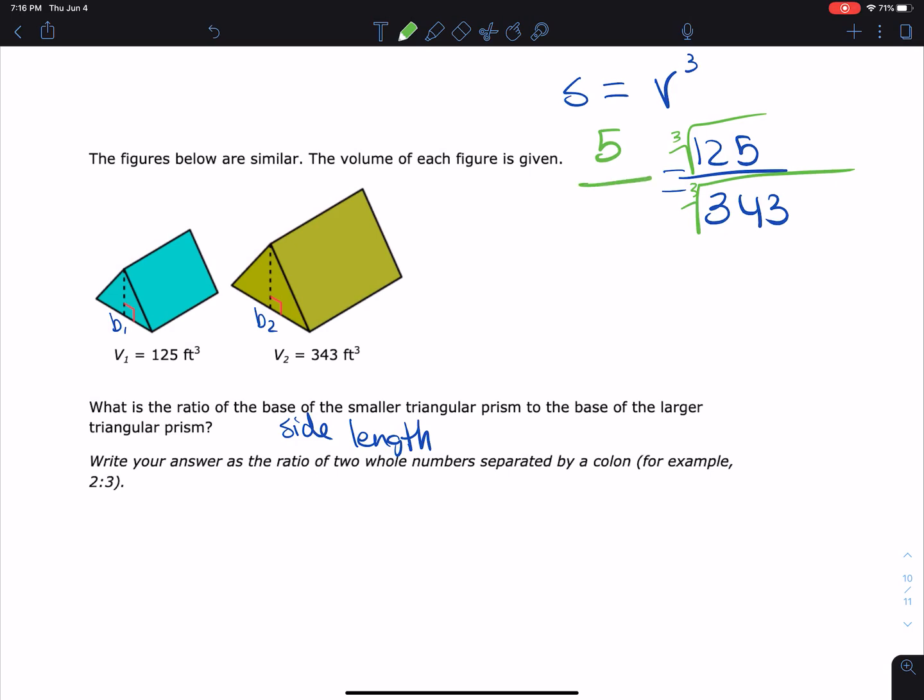And then the cube root of 343 is 7. And then they want it as a 5 to 7 ratio, and I'm just double checking it's smaller to larger, so 5 is smaller than 7.